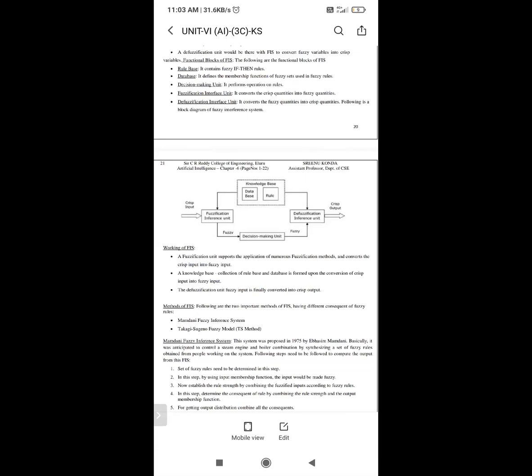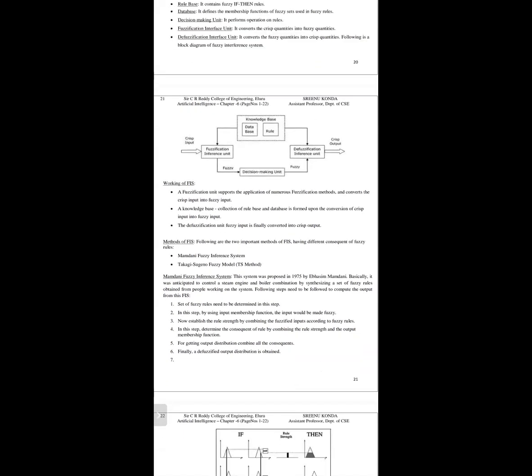That is, it takes whatever it needs from the knowledge base. So this knowledge base is a combination of a rule base and database. Next, coming to the defuzzification unit. The defuzzification unit converts the fuzzy input into crisp output.